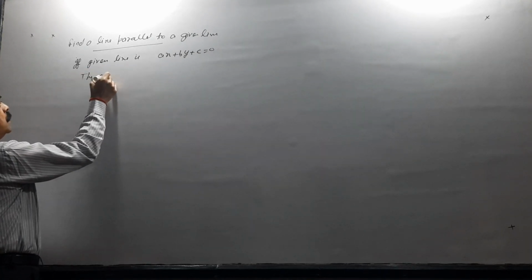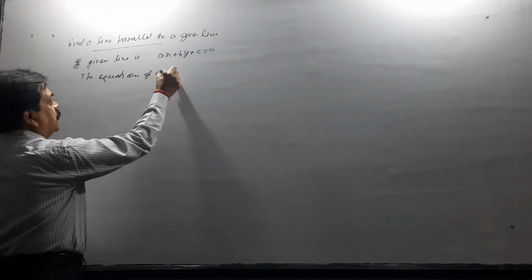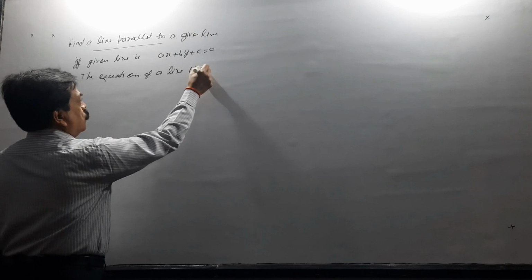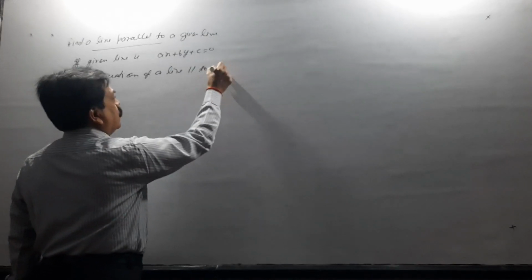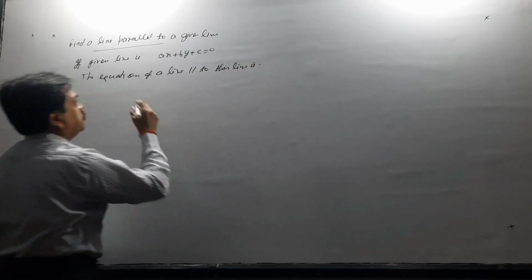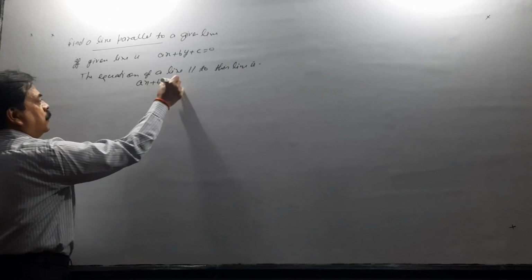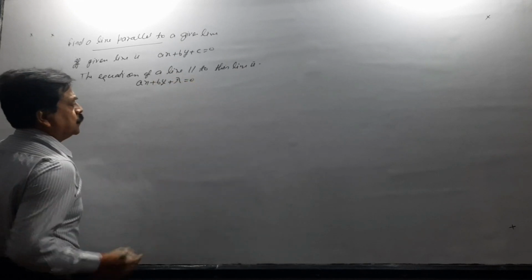The equation of a line parallel to this line is ax plus by plus lambda is equal to 0.